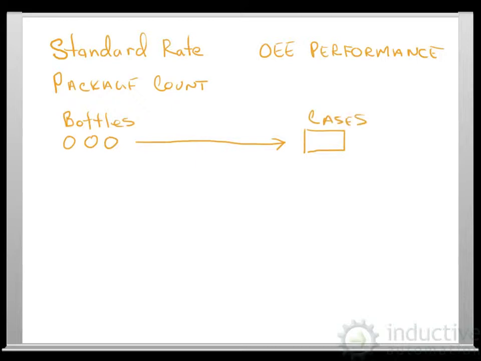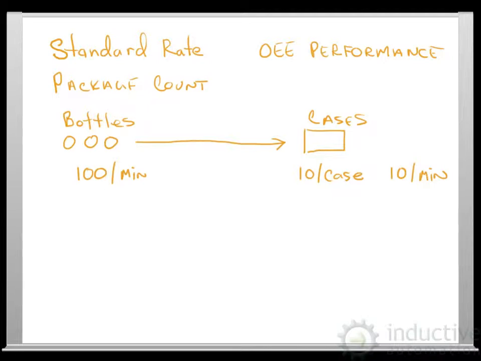And if we are putting in 100 bottles per minute, and we have 10 bottles per case, we're only going to be putting out 10 cases per minute. So we have 100 going in, we have 10 coming off, and now we're confused because we think there's 90 bottles missing or waste on the line, and that's a problem.